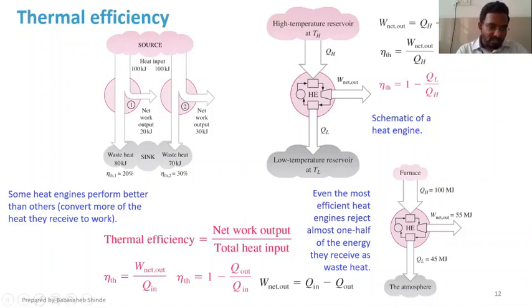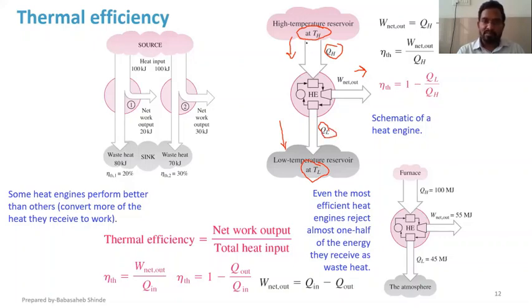So the heat engine is basically a device that converts input heat into a useful work, or it simply converts heat into a work. It is going to accept heat from one of the reservoir whose temperature is quite more compared to another reservoir to which the heat engine is going to reject some heat.